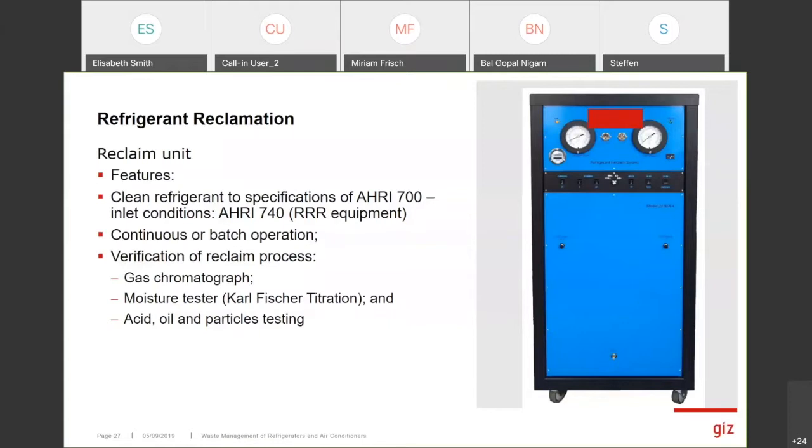And later on, if the refrigerant and also the lubricant, the oil, is captured, there should be verification of the reclaim process by using gas chromatography, moisture test, for example, Karl Fischer titration, and finally acid, oil, and particles testing in laboratory condition.